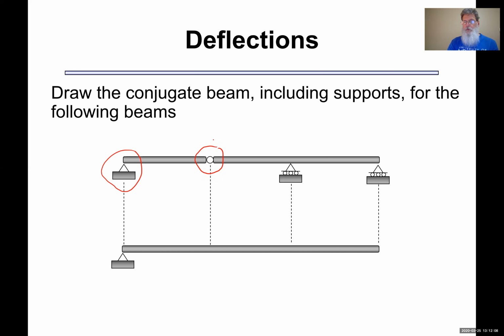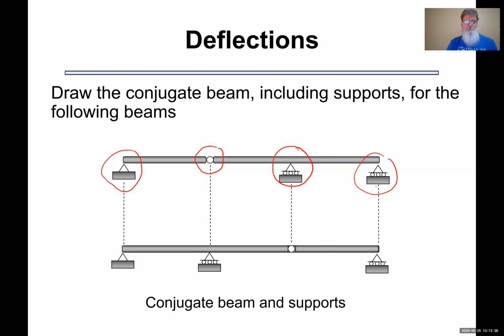Well, an internal real hinge maps to a conjugate roller. And now I've got an internal roller in the real beam that maps to a hinge. And then finally, the final external pin maps to a pin. Now, don't get the idea that the beam is just an inverse or a mirror image of the other. It doesn't always work like that.